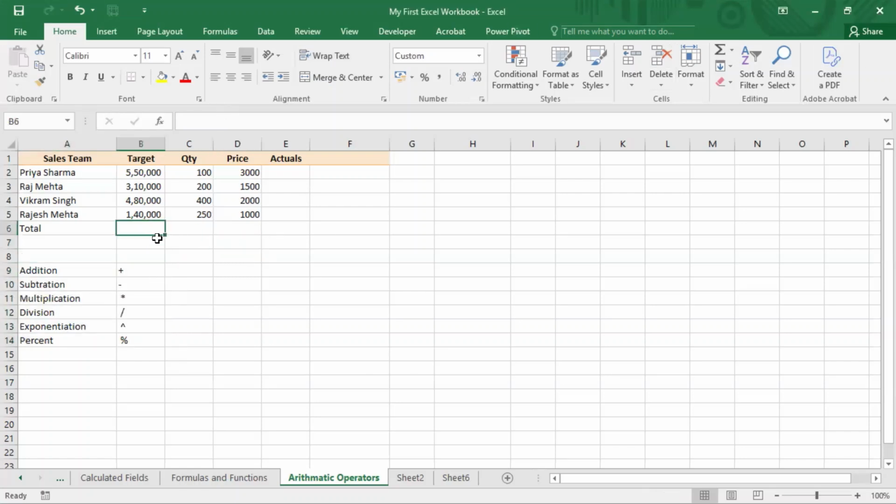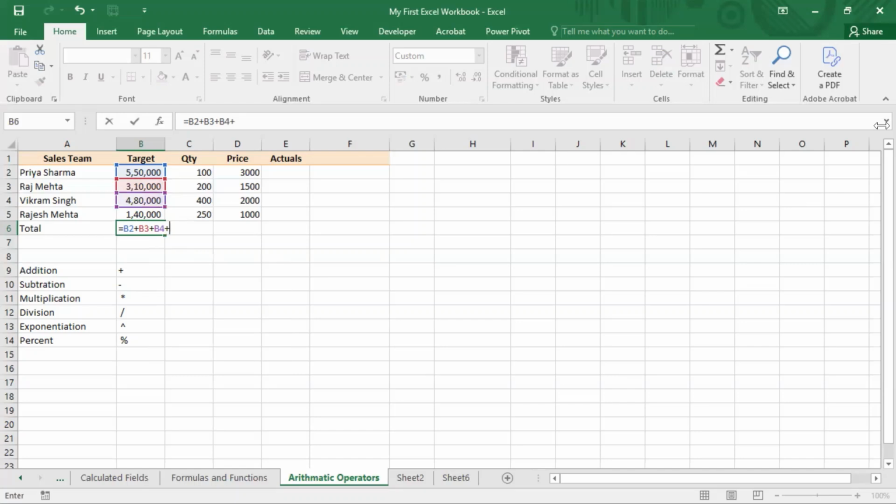As we have seen earlier, if I want to get the total of this target, I'll say equal to, that's how we start the formula. We'll select the cell which we want to add. I'll press plus. Then the next one which I want to add, I'll say plus. Then the next one, plus. I can have multiple of them being added.